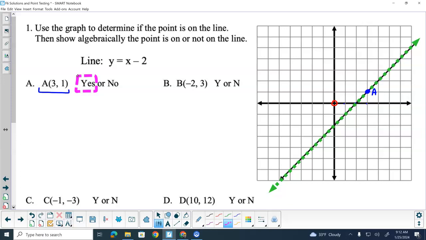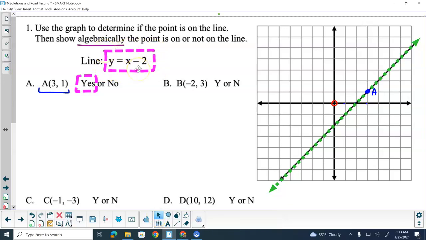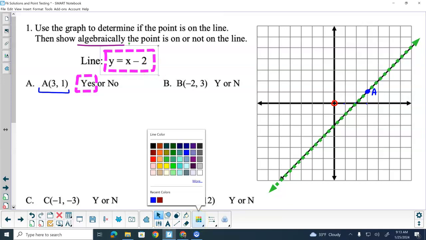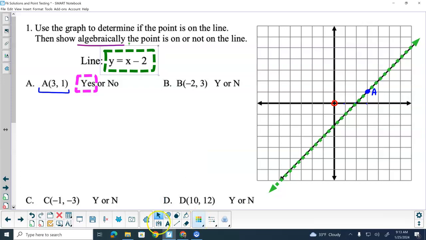So there's a second way, and that second way is algebraically we can prove if a point is on the line. So what we have is an equation of a line. Okay. So that's the equation of the line. And so what we're going to do with that is we're going to say y equals x minus 2 is our equation.